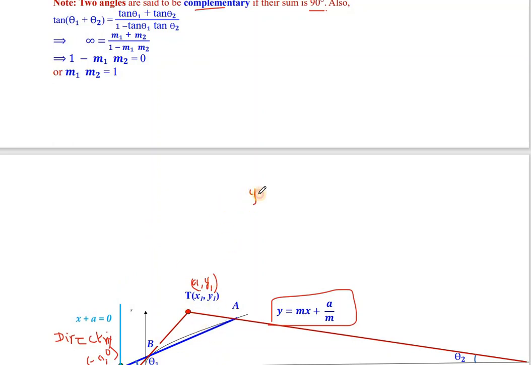We know that from (x1, y1) it is yy1 = 2a(x + x1). But here you have x1 to be a. So the equation will now reduce to yy1 = 2a(x + a).